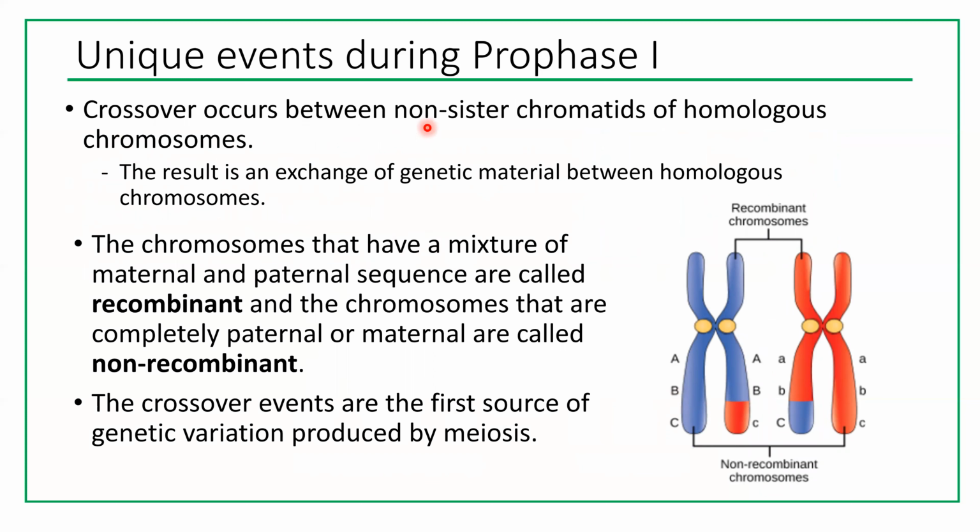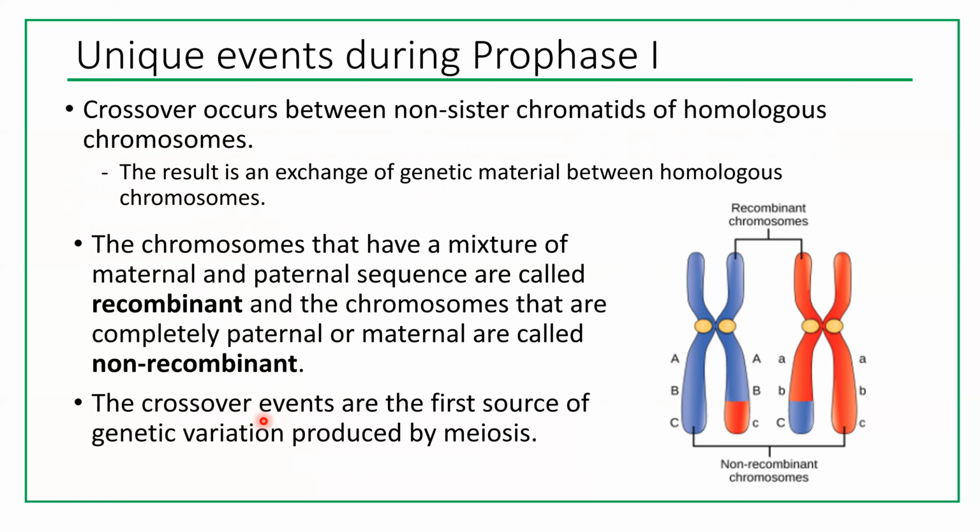Crossover occurs between non-sister chromatids of homologous chromosomes. The result is an exchange of genetic material between homologous chromosomes. The chromosomes that have a mixture of maternal and paternal sequence are called recombinant, and the chromosomes that are completely paternal or maternal are called non-recombinant.